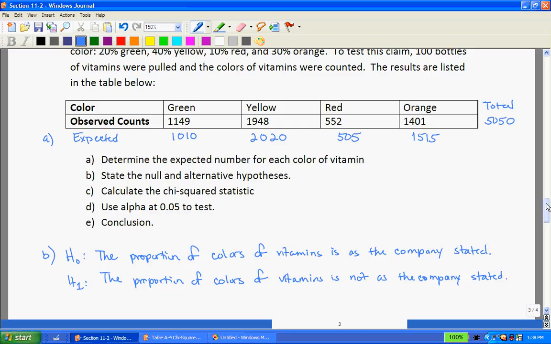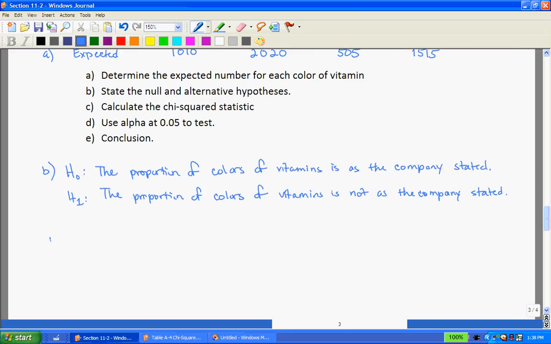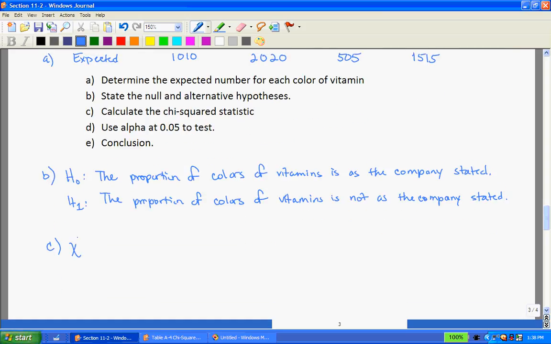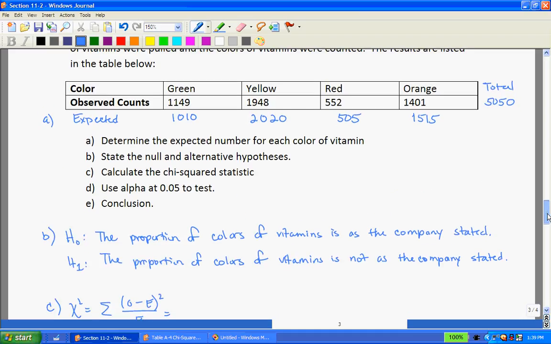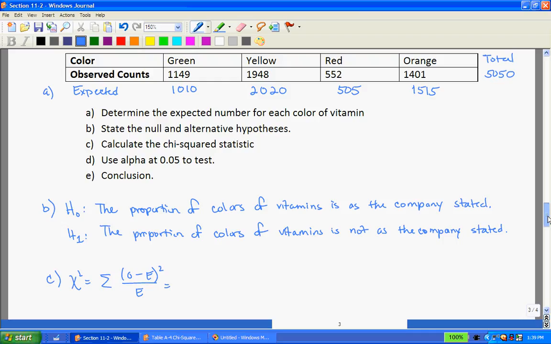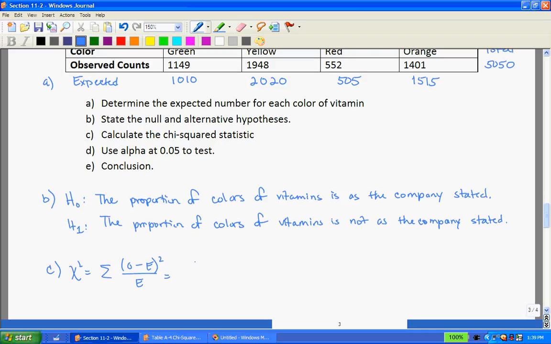Okay, so we have our hypotheses done. C, we want to calculate our chi-squared statistic or test value. Remember our formula for chi-squared is the sum of all the observed minus the expected, squared, divided by the expected. This one I'm going to do just right here in a row.